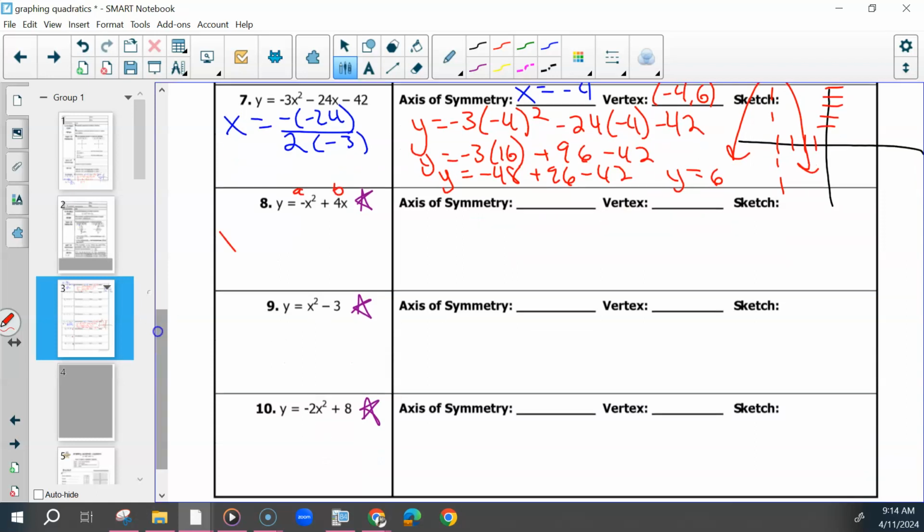So if we go ahead and set up our axis of symmetry, what would that look like? -4 over 2 parentheses -1. And then what would our axis of symmetry be? 2. X equals 2.